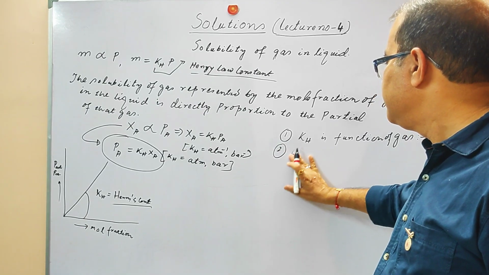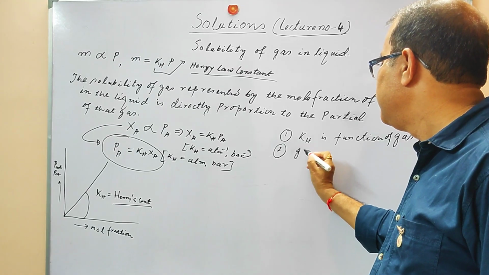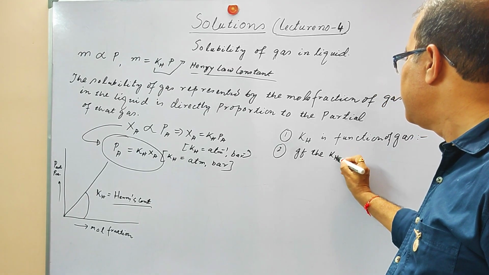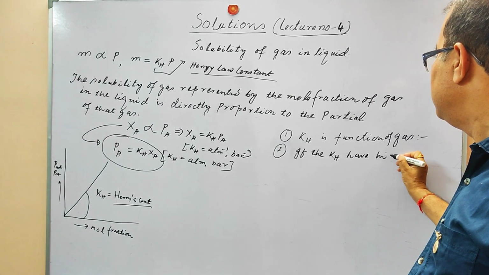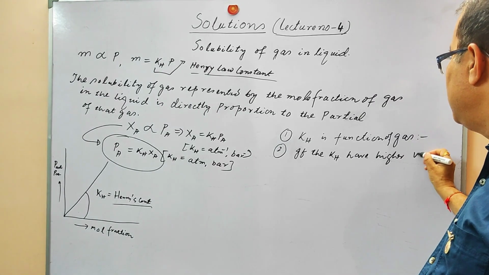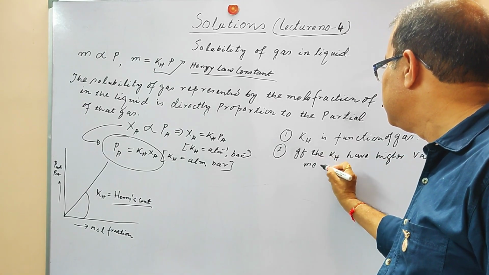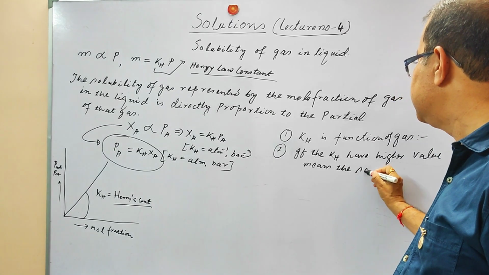Number two, if the KH has a greater, higher value, it means the solubility of the gas is less.